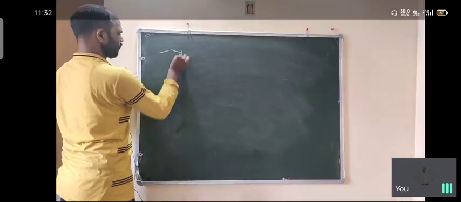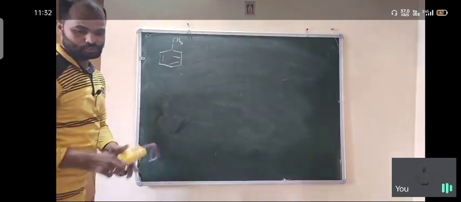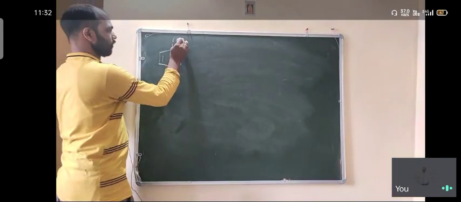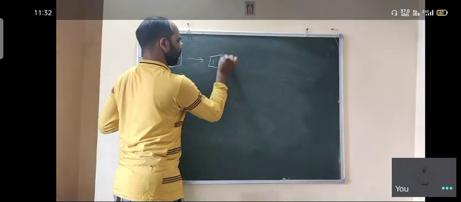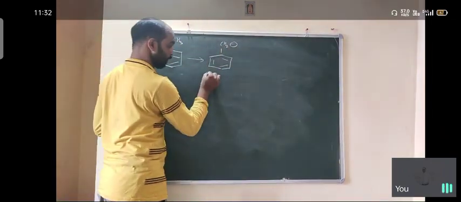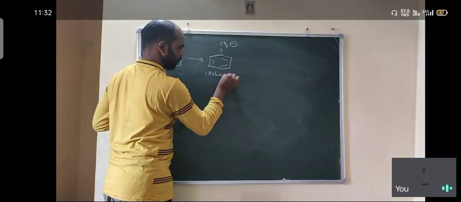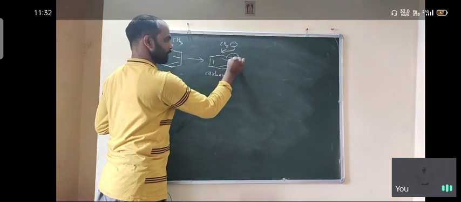Second example is toluene, CH3 attached to the ring. Suppose this CH3 loses its proton and is converted into CH2 negative. A carbanion is formed. Is this carbanion stabilized? Yes, it is stabilized.